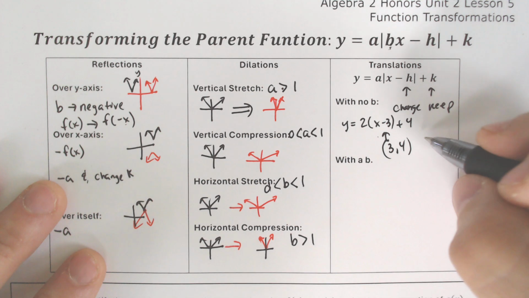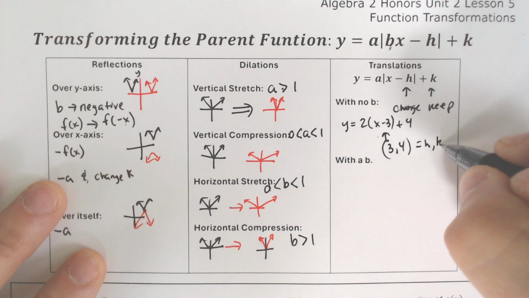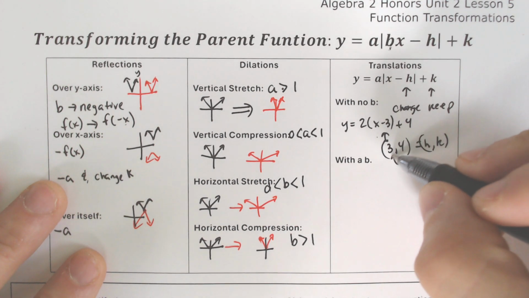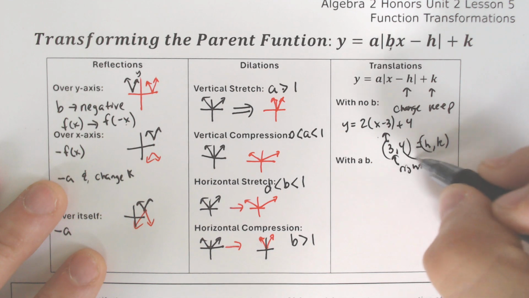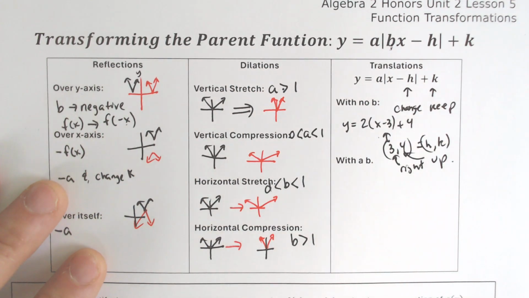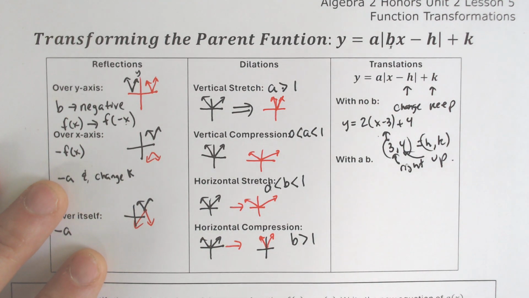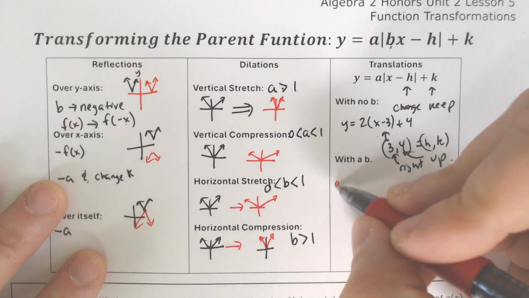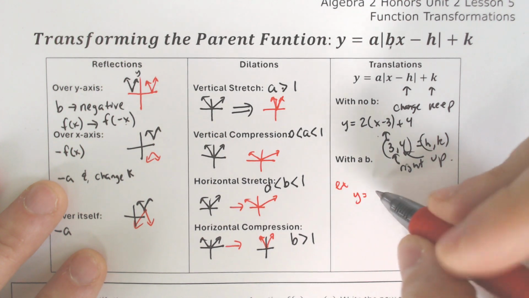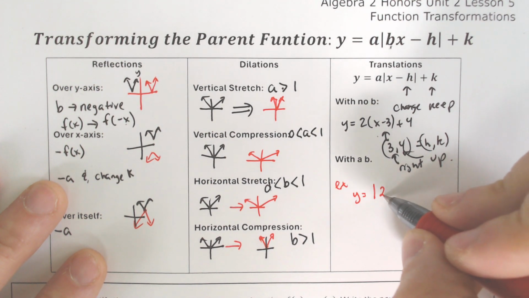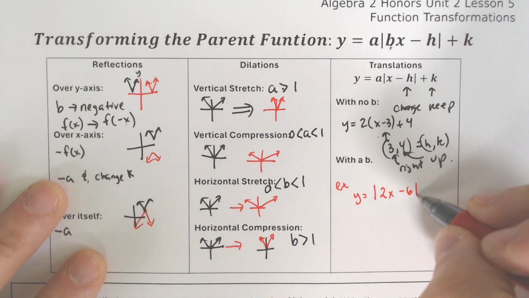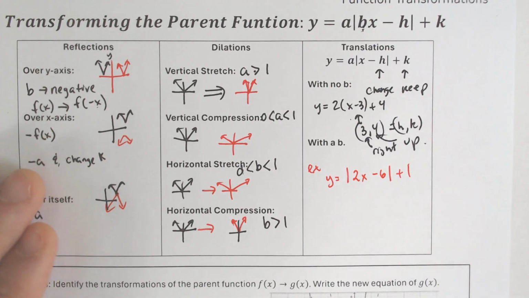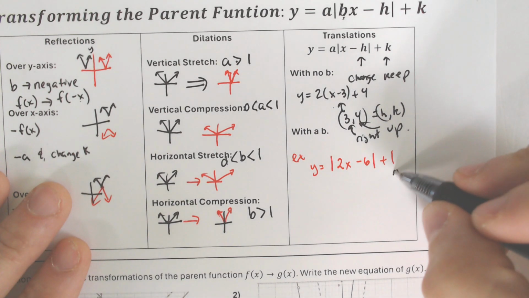A lot of times we call that h, k, and it would shift it to the right by 3 and up by 4. You change the sign, you keep the sign. If there is a b value, for example, y is equal to, let's say, the absolute value of 2x minus 6, plus 1, then your keep the sign is fine.